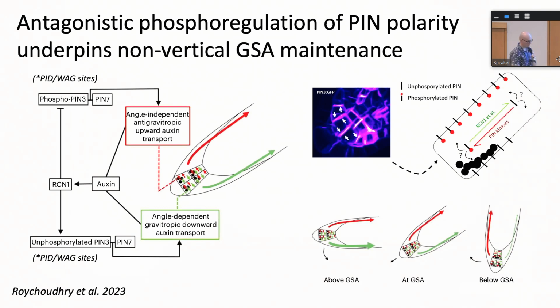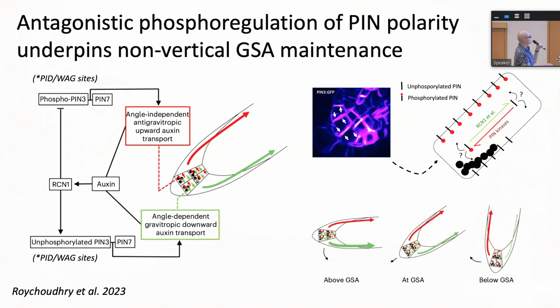And in short, what we've shown is that as well as a gravitropic response in the lateral root, that importantly is angle dependent, in that as you increase the angle of the root away from the vertical, you get an increased magnitude of gravitropic response.